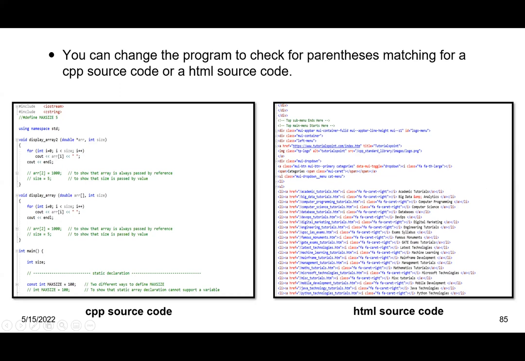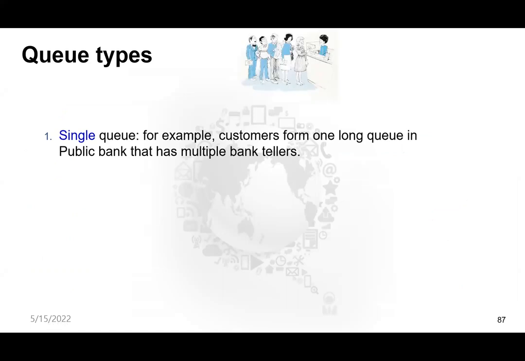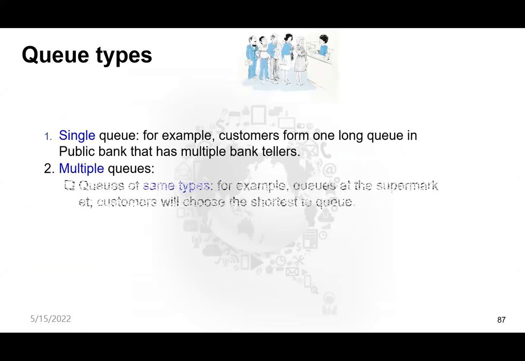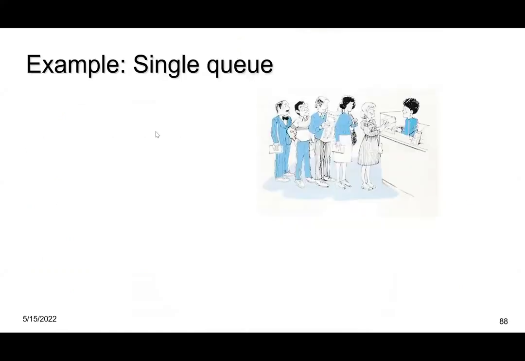Okay, let's go to our last example using queue. How can you use a queue to solve some problem? For the queue example, I'm going to use simulation. First, let's look at what kind of queue we can create. We can create a single queue.